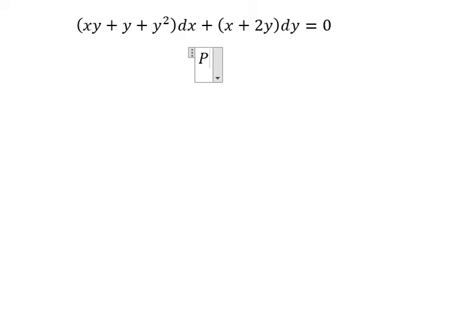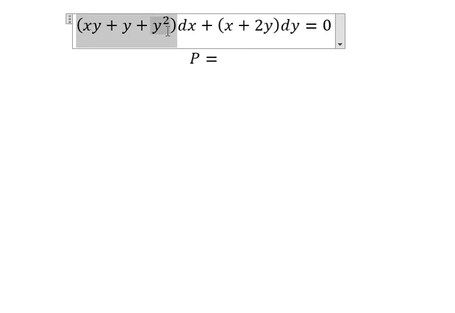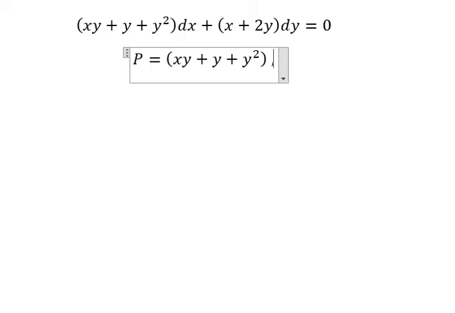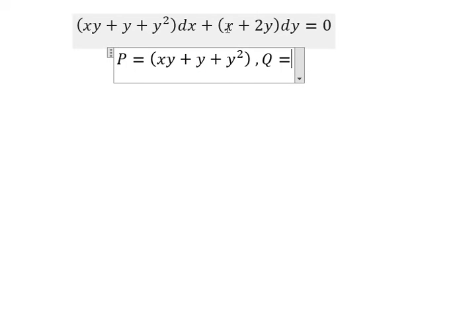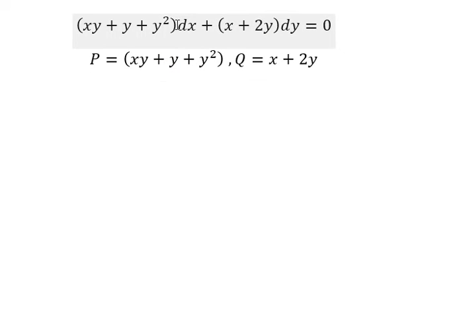I will put b equals to this one and q equals to this one. Because we have the x, that means we do first the derivative of b with respect to y.